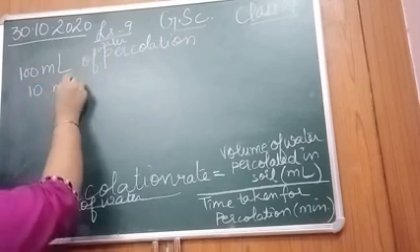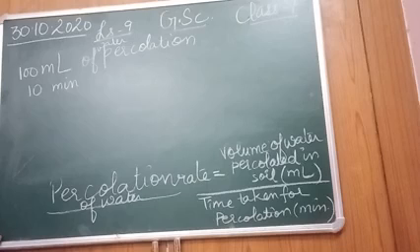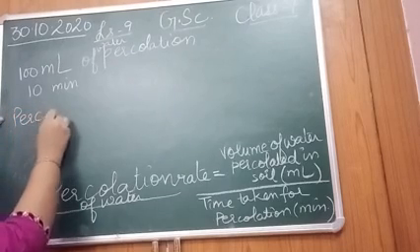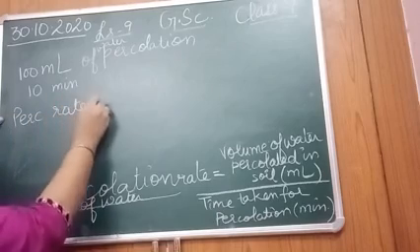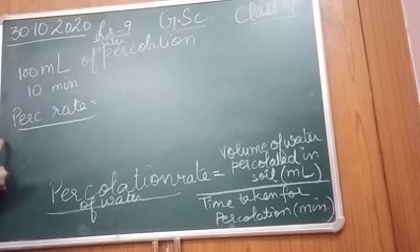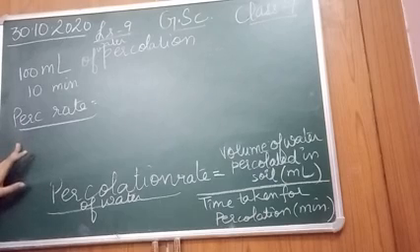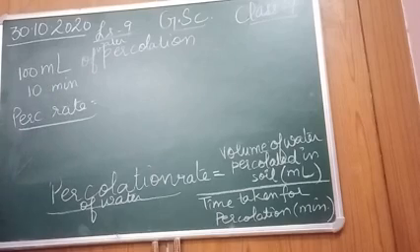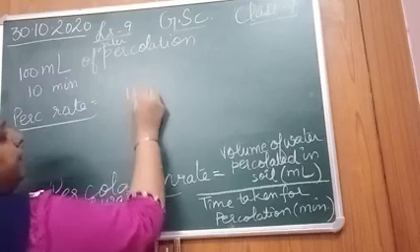What is the time taken? 10 minutes. So what is the percolation rate? Here we have to find the percolation rate. So according to the formula, what will we do? Volume of water percolated. Here the volume of water percolated is 100 ml.